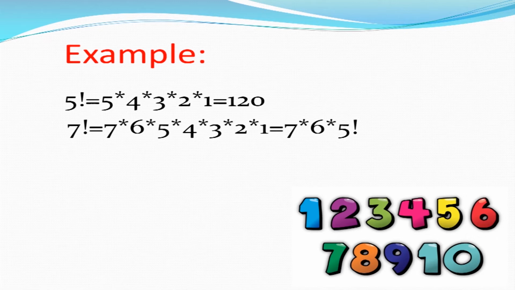It can also be written as 7 into 6 into 5 factorial. Substituting the value of 5 factorial, we get 42 into 120, which is equal to 5040.